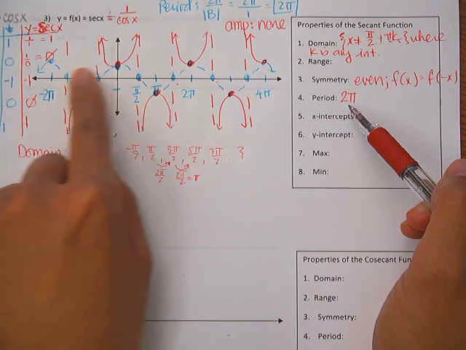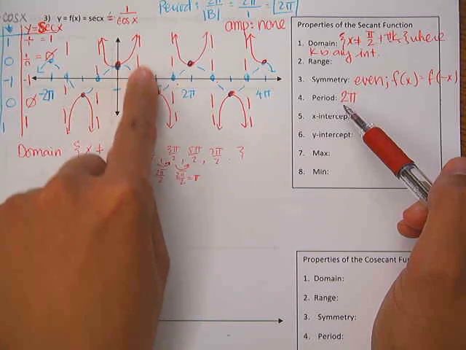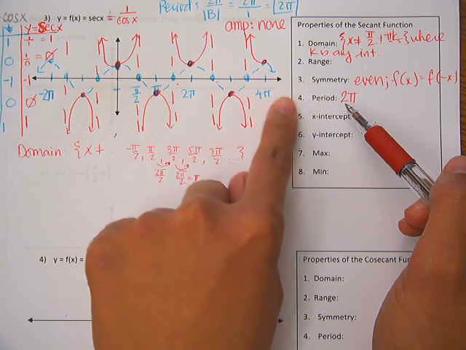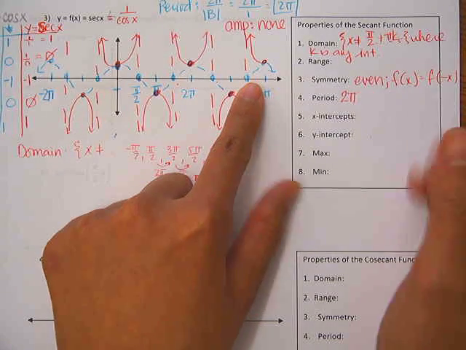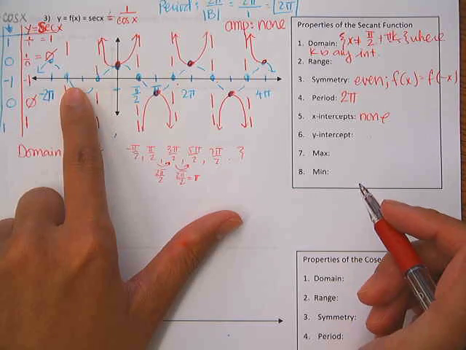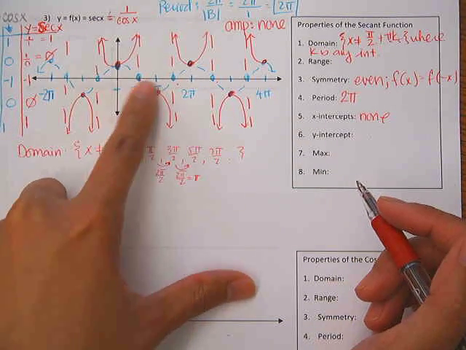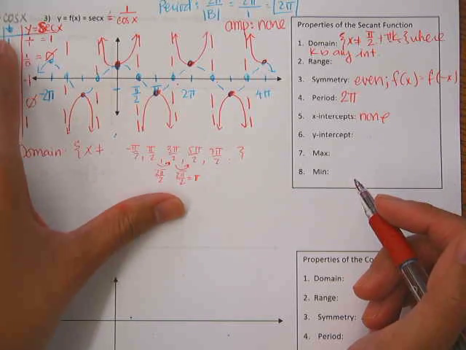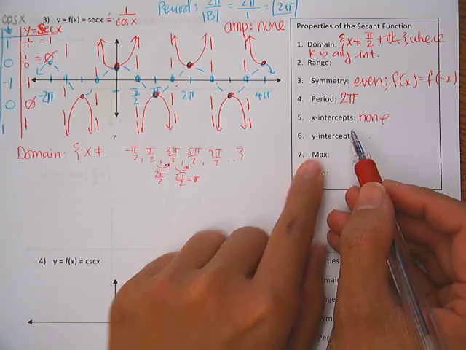X-intercept: does it ever, look at the red and only red, the red graph, okay? Is that ever going to touch your x-axis? No, it does not. The blue stuff does, but I'm not on part 3 here. We're graphing secant of x. The blue stuff belongs to cosine of x. Okay, so this one does not have any x-intercept.